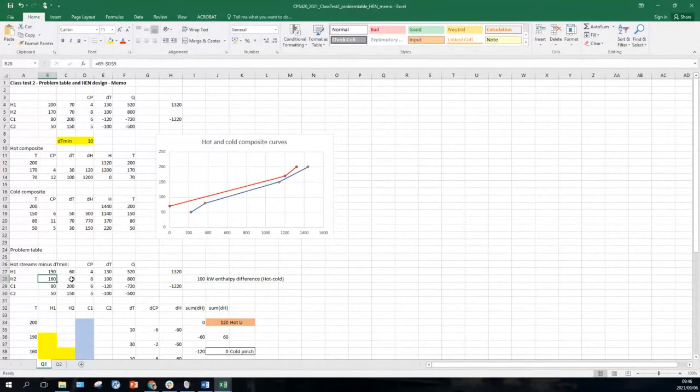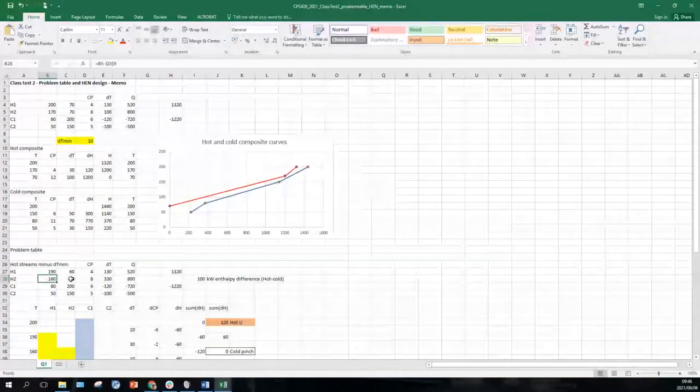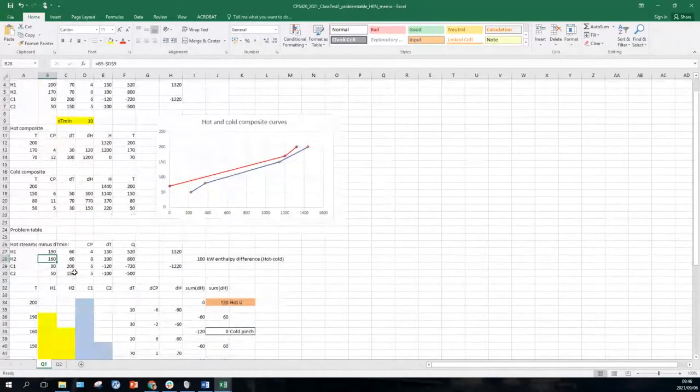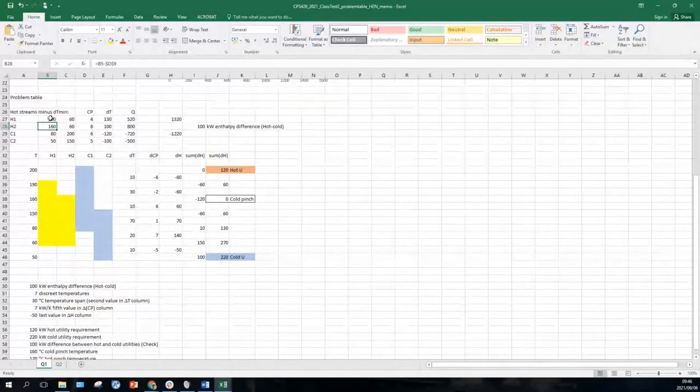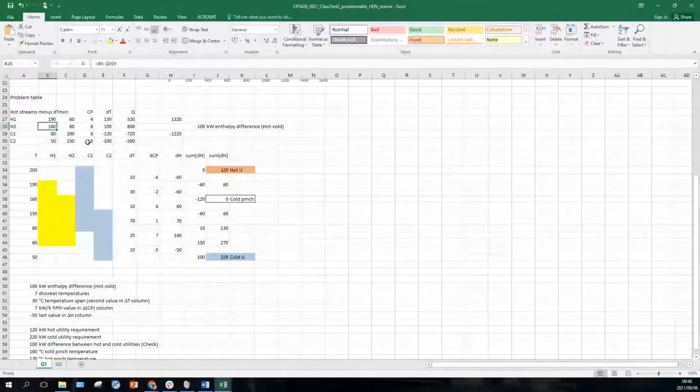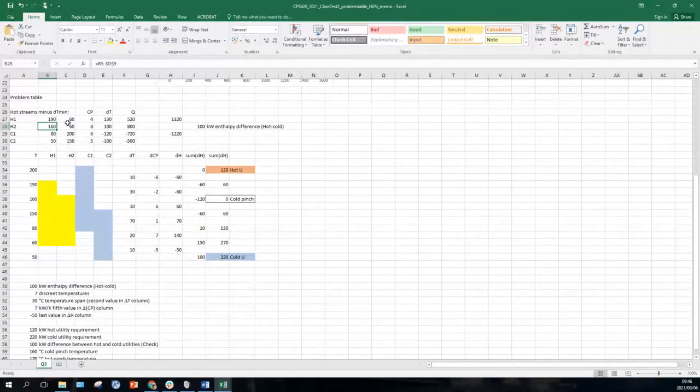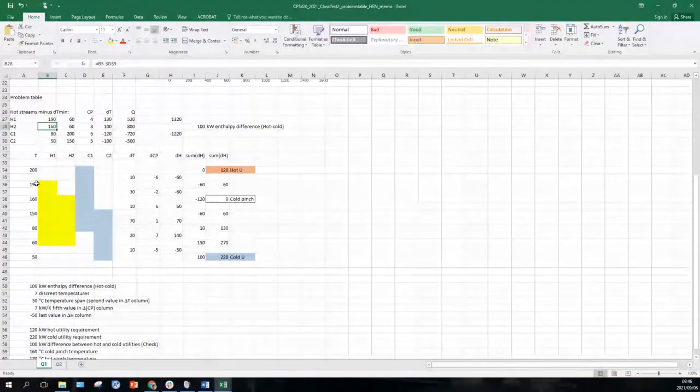The very first thing you do in a problem table is to subtract delta T min from all of those hot temperatures. Okay, and this is essentially where we start with the problem table. These are our temperatures. We found out which are the unique temperatures, and the hottest there is 200, and we list them.